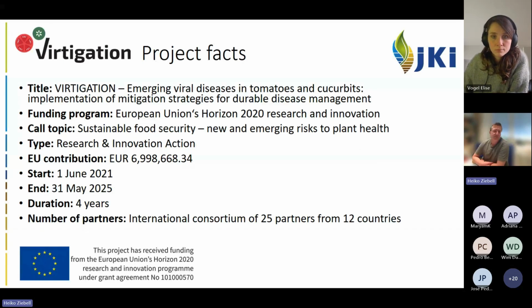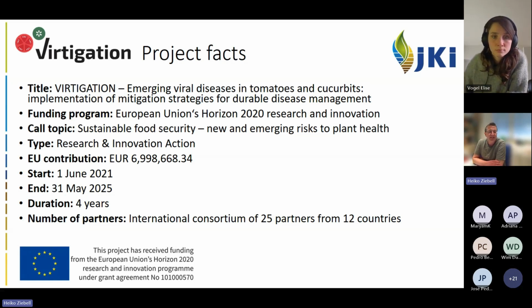So I mentioned the VIRTIGATION project. VIRTIGATION deals with emerging viral diseases in tomatoes and cucurbits and looks for implementation of mitigation strategies for durable disease management. This project is funded by the European Union's Horizon 2020 Research and Innovation Fund with almost 7 million euros.